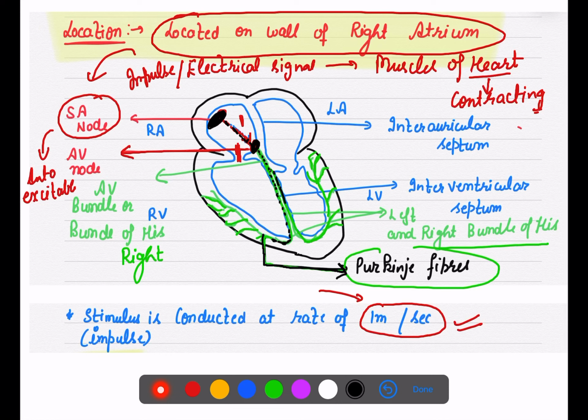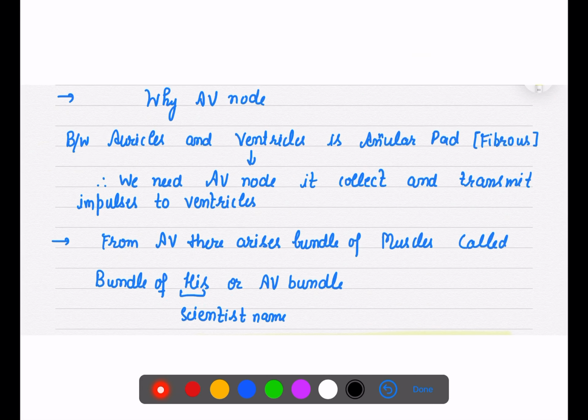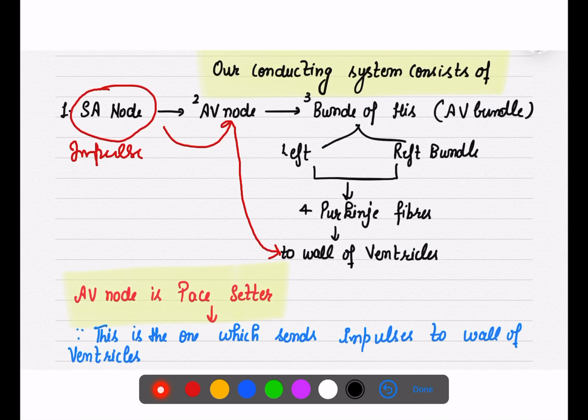Right and left bundle of His. Then they again branch out into the fibers known as Purkinje fibers, and then impulses transmit to the wall of ventricles. Is it clear? So that is the pathway which we follow.